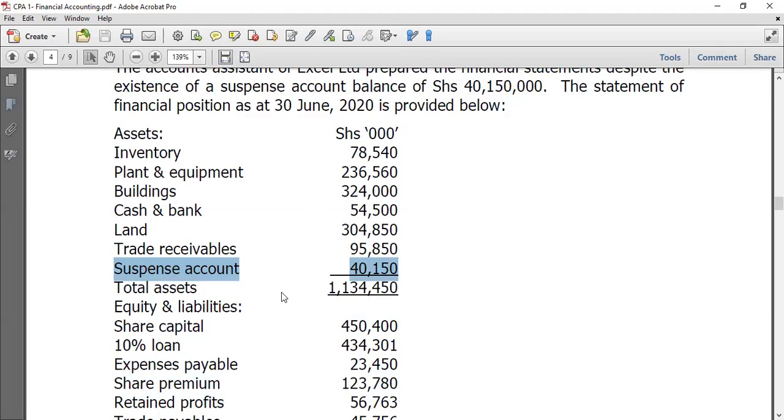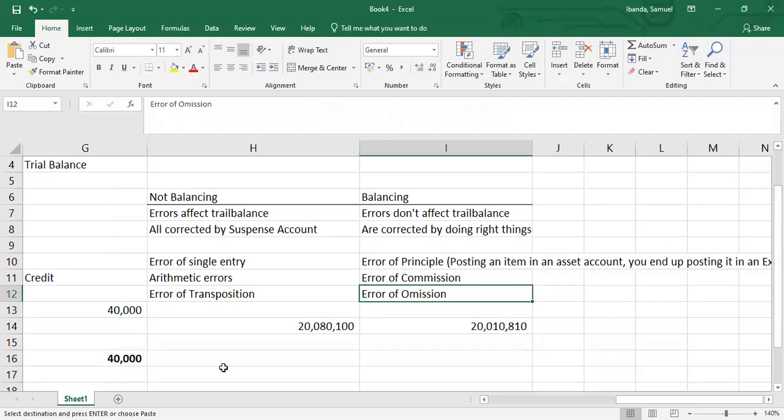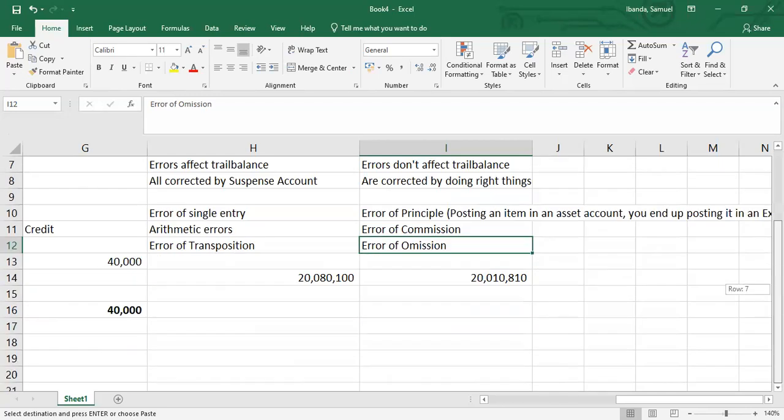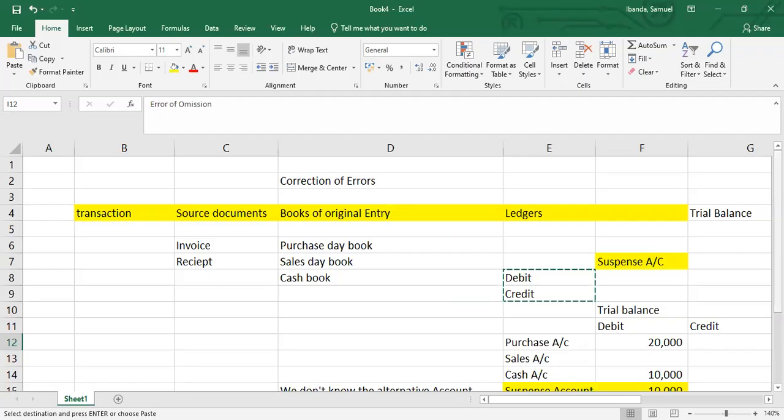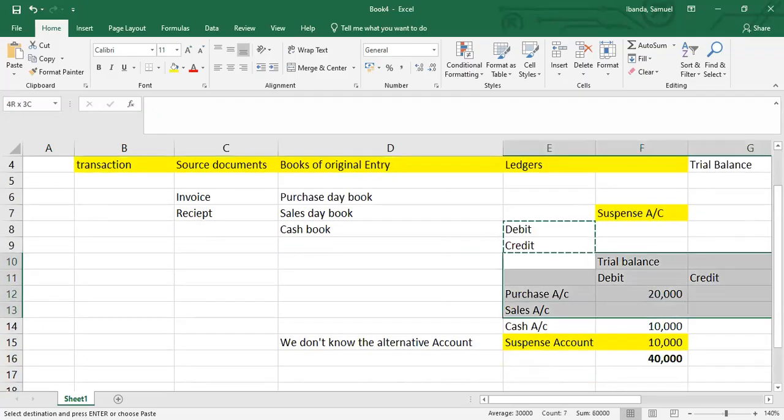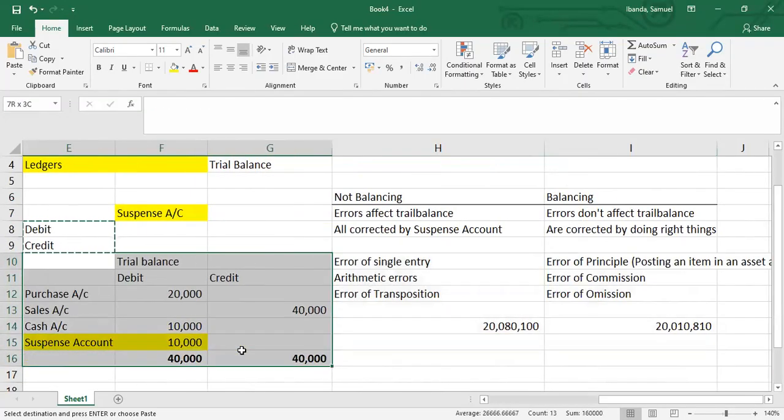What does this show you? This shows you that when you get back to your trial balance, remember we're trying to do something with the trial balance here. Maybe I might have removed it. Okay, maybe right here.